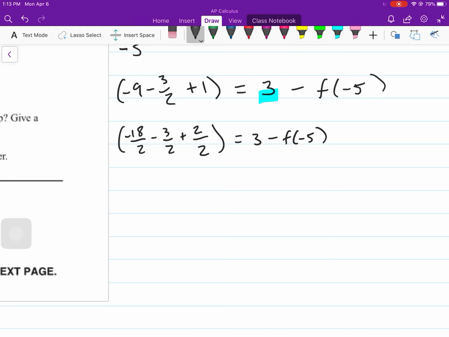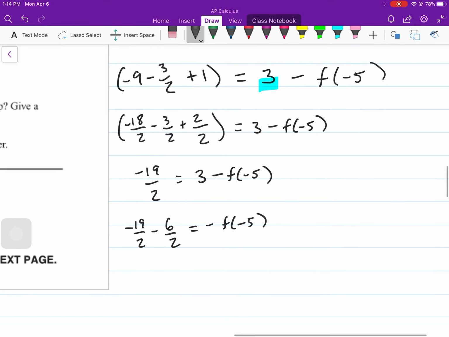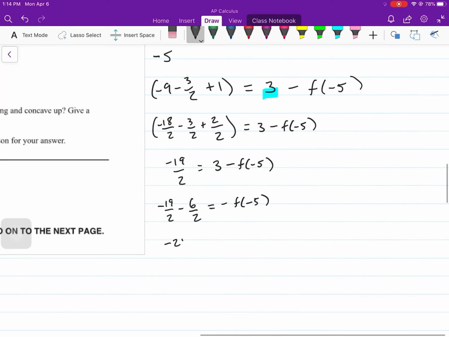And then that's -21 plus 2, which is -19/2, equals 3 minus f of -5. Subtract the 3, so -19/2 minus 6/2. I'm going to get that common denominator right now. And then that's -25/2 equals negative f of negative 5.